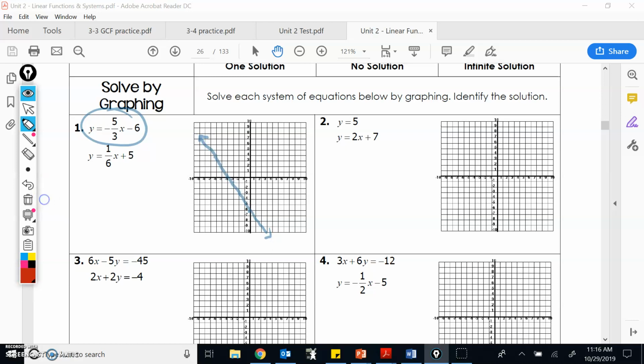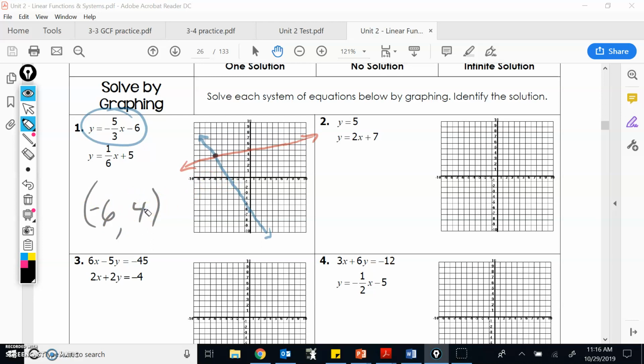And then the other graph has a 5 y-intercept and an up 1/6 slope. And then you'll draw that line. And hopefully they do cross at a nice point, and they do. They cross at this point right here. So you write your solution as the ordered pair, -6, 4.